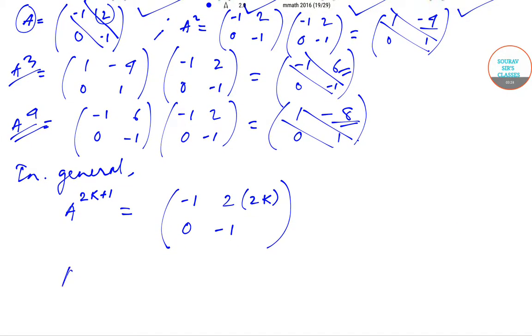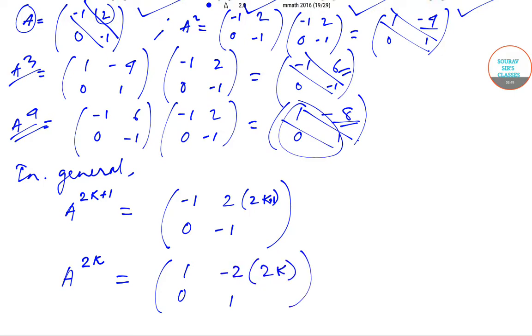And if A is to the power 2k, where the power of A is an even number, in that case it will take the form [1, -2 into 2k; 0, 1], as you can see over here. Okay, this is the formation that we are looking for.